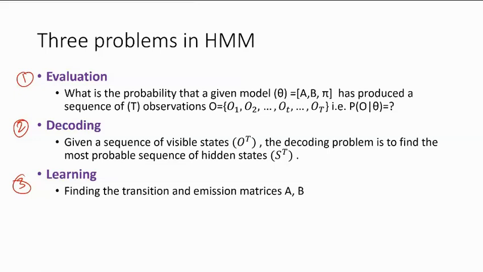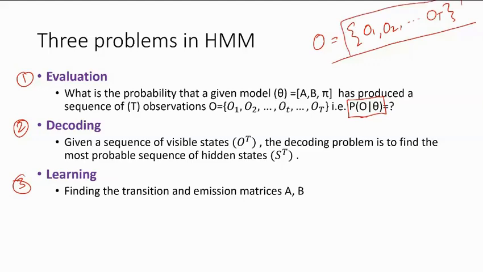Then there is a sequence of observations. Say O is a set of observations up to OT, which we have observed. Now I want to answer the question: what is the chance that these observations are produced by a given model?